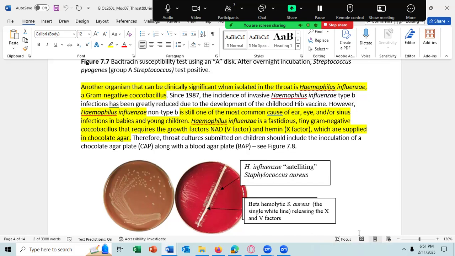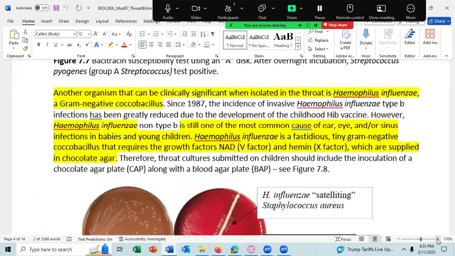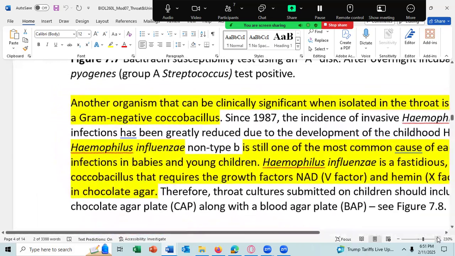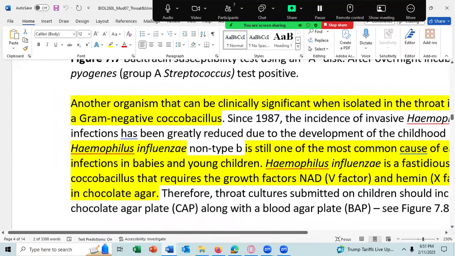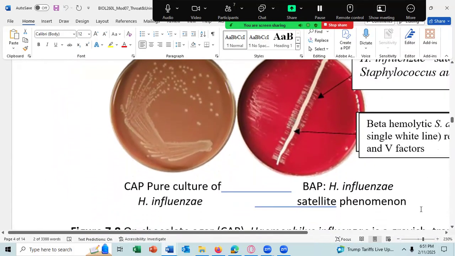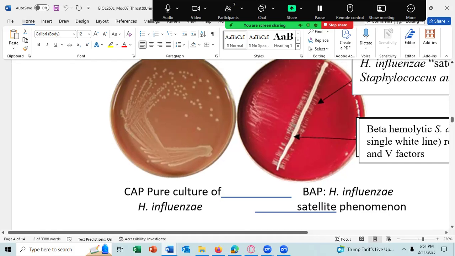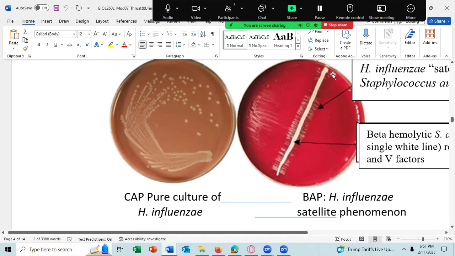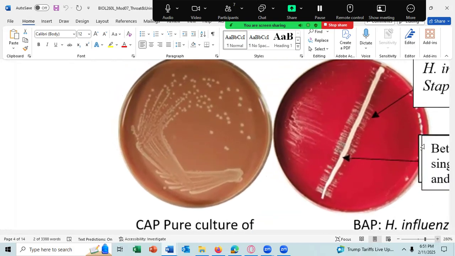It is possible to get Haemophilus influenzae to grow on a blood agar plate, but only if you streak Staphylococcus aureus on the plate first. What you do is you get a blood agar plate and then you streak Staphylococcus aureus down this way on a single streak.